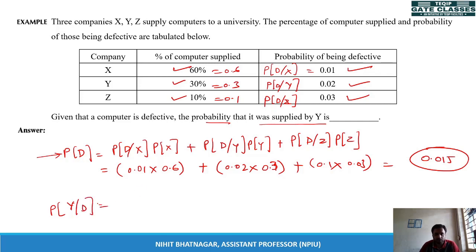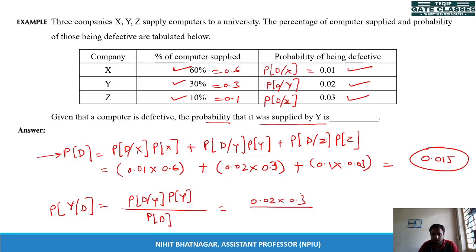The solution is the probability of getting a defective item from company Y times the selection of company Y, upon the probability of getting a defective item. The values are 0.02 multiplied by 0.3 upon the probability of getting a defective item, 0.05. So this is 0.4. The answer is 0.4.